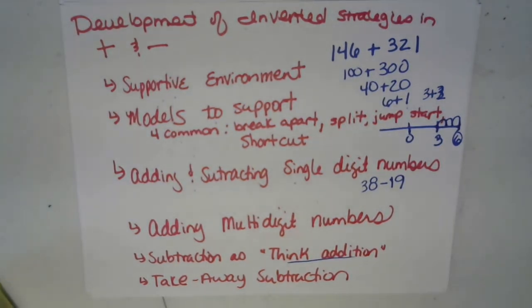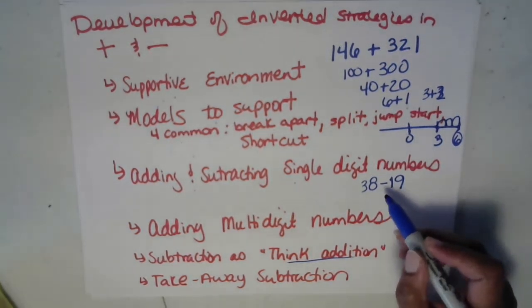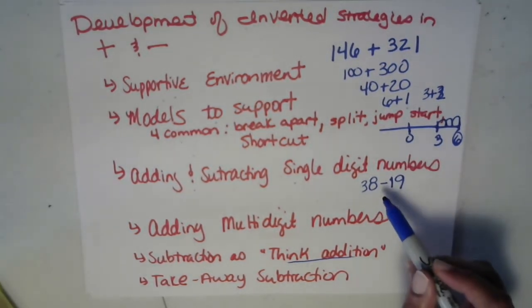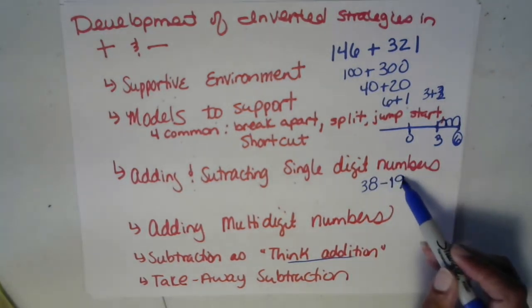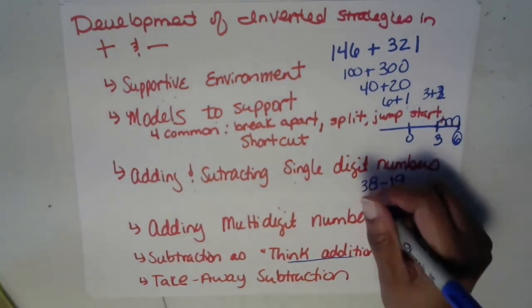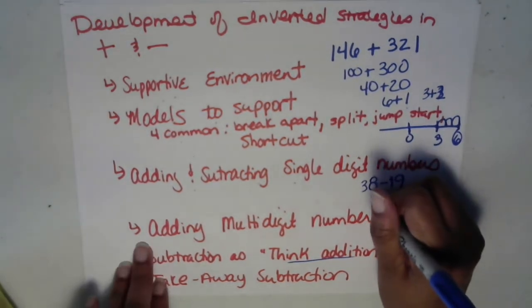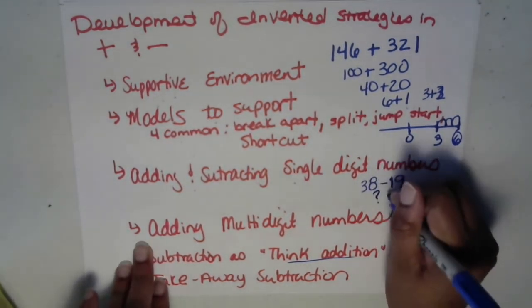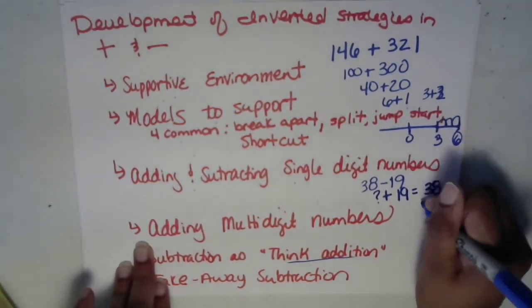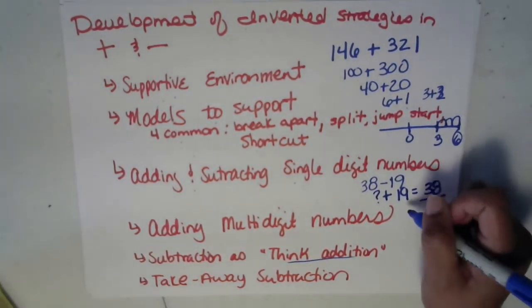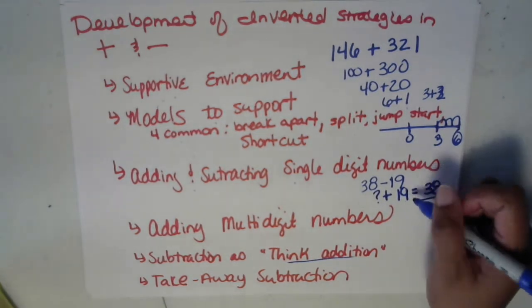So join with change unknown or missing part. Here is an example of each. So your students might struggle with 38 minus 19. But what they might change it to is: what can I add to 19 to get 38? Well, if I add 1, I'm at 20.